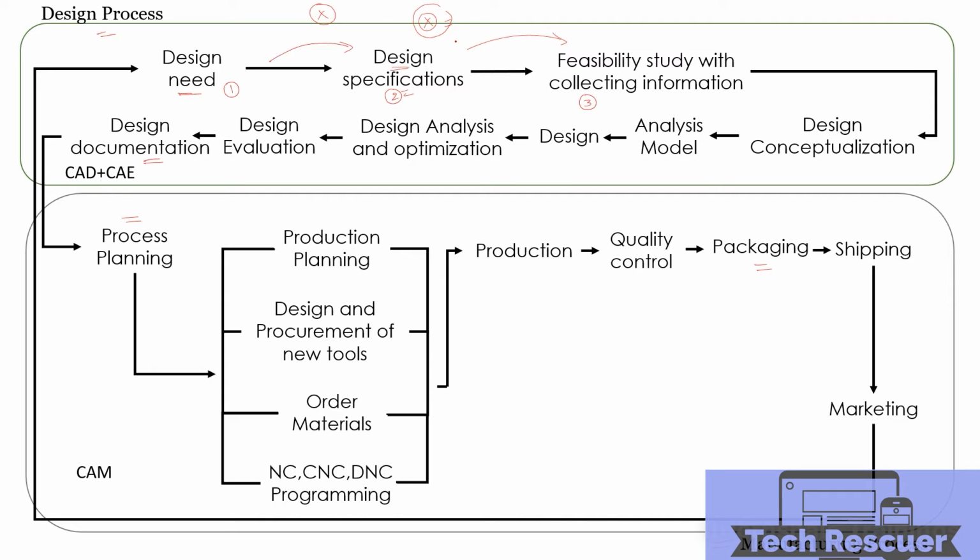Likewise, a number of other types of feasibility studies will also be there. Once the company has finished all the feasibility studies it wanted and thinks product X can feasibly be manufactured, it will go to the design conceptualization phase, which is the fourth stage in the design phase of the industrial product cycle.